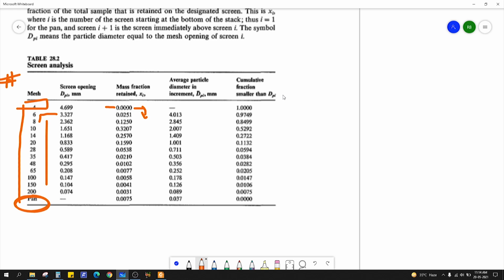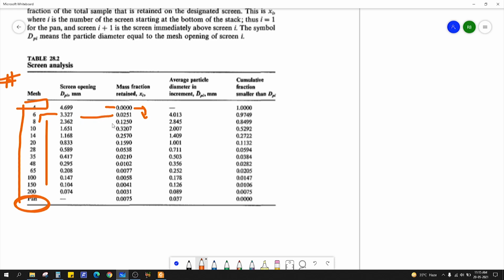So just collect the sample from the different meshes. Let's say I have collected the sample from mesh number 6. Just weigh it. So now you know the mass of the particles collected on mesh number 6. So you can easily evaluate the mass fraction. That will be the mass on mesh number 6 divided by the total mass. Okay, so you can find out the mass fraction.